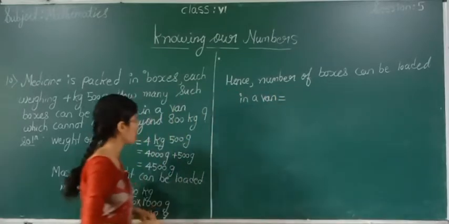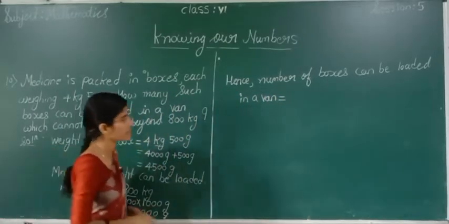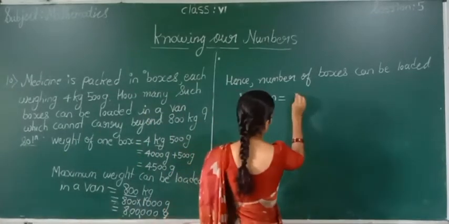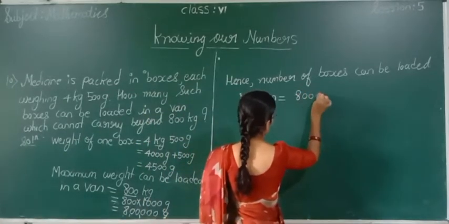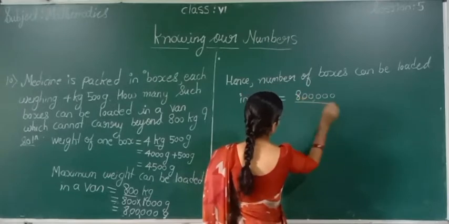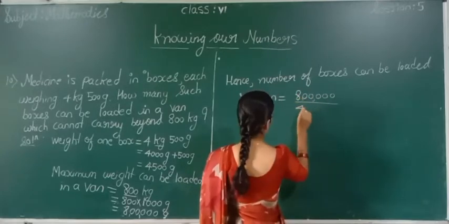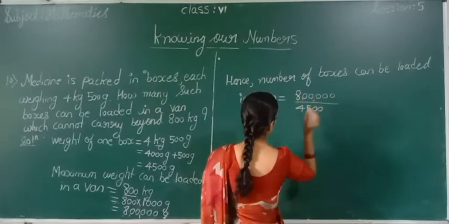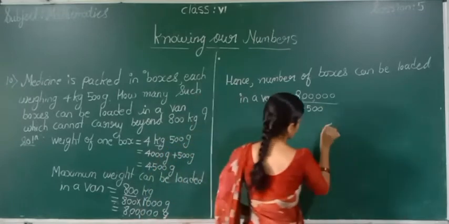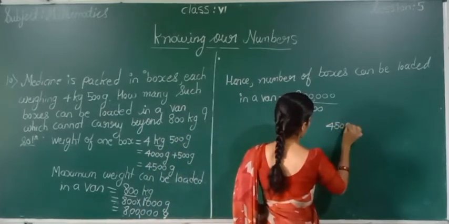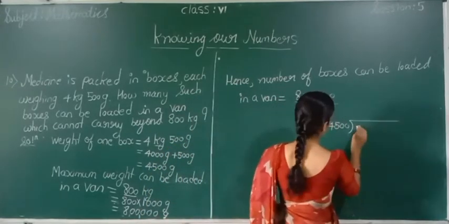Now what do we have to do? Definitely we have to do a division. 8 lakh divided by 4500. Do the division here, 4500 into 8 lakh.